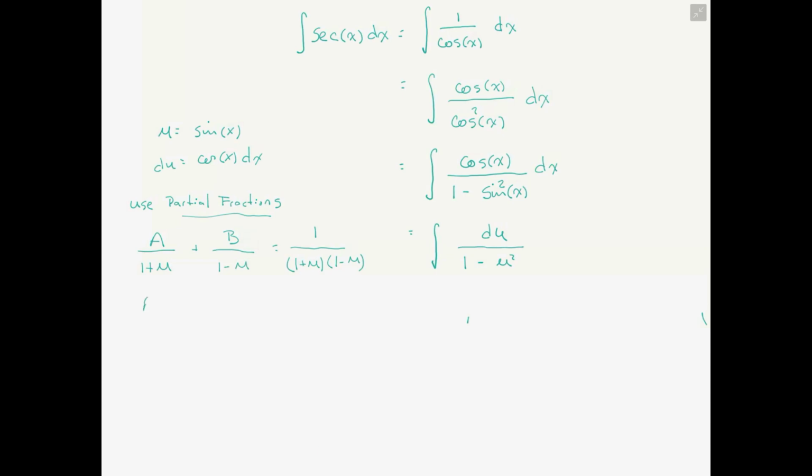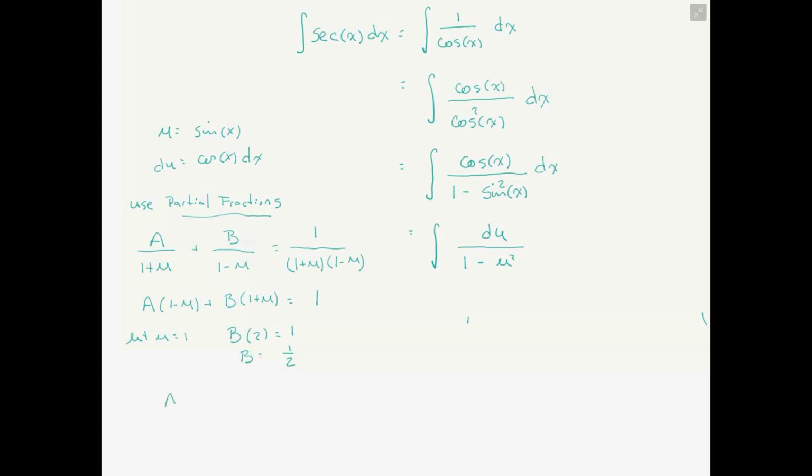But before we do, we recognize that 1 minus u squared is 1 plus u times 1 minus u. And if we multiply across by that factor, 1 plus u and 1 minus u, we end up with a times 1 minus u plus b times 1 plus u equals 1, and then setting a value for u, we end up with b equals 1/2.